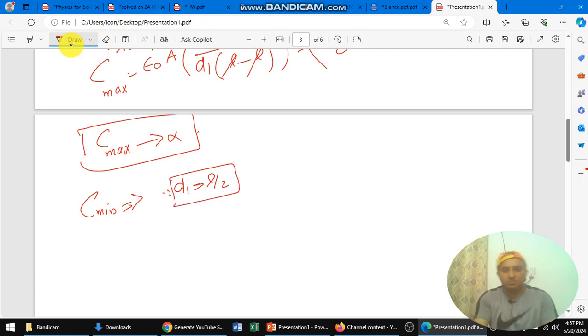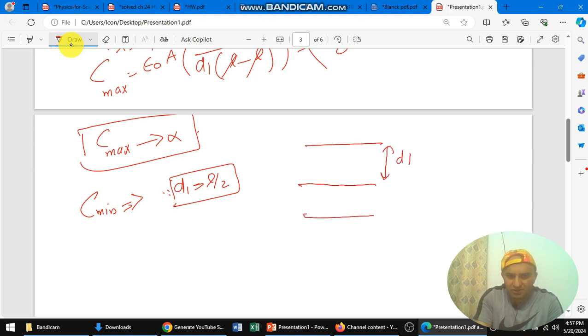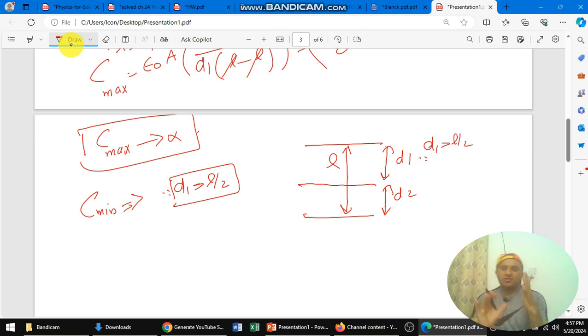So the middle plate, with this being D1 and this being D2, and the total length being L, if D1 becomes half, D1 is equal to L by 2. This is the minimum capacitance, when the central plate is at the middle.